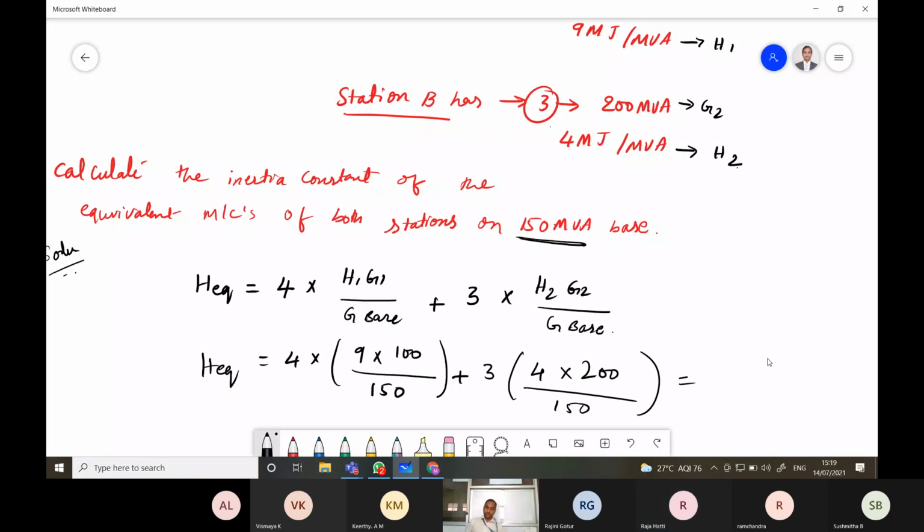You get 40 MJ per MVA. Check it. 900 by 150 into 4, plus 800 by 150 into 3, that is 40 megajoule per MVA, correct? Yes, sir.